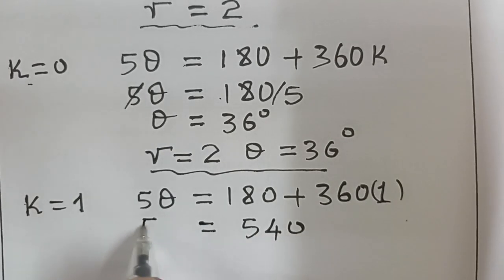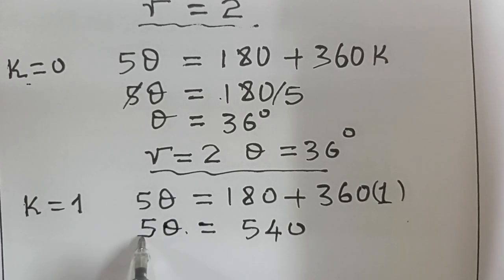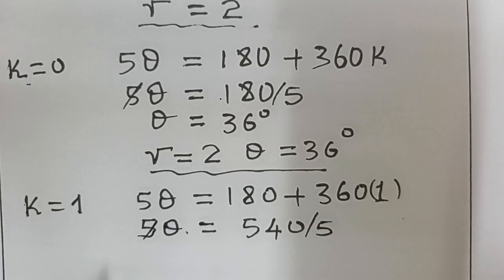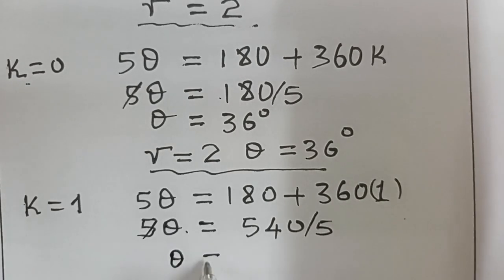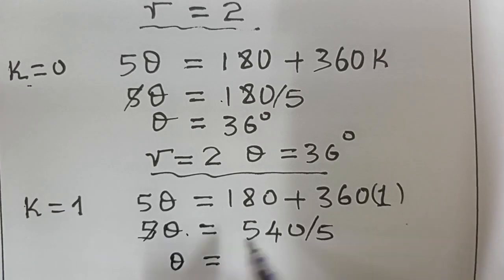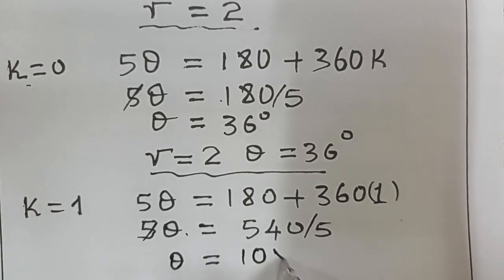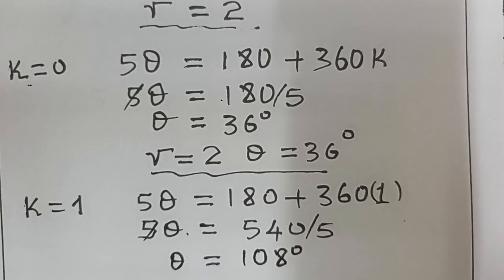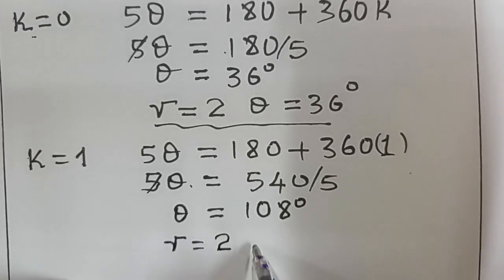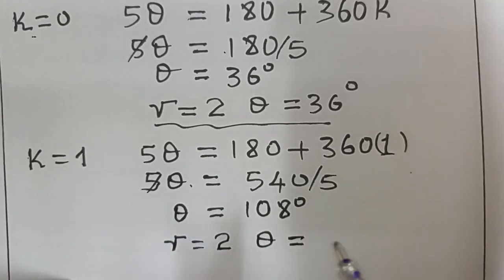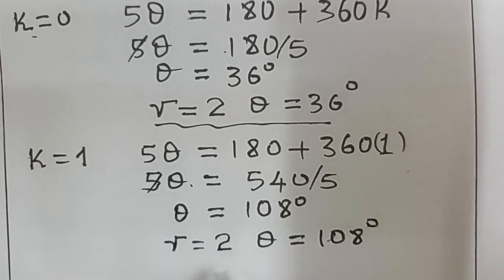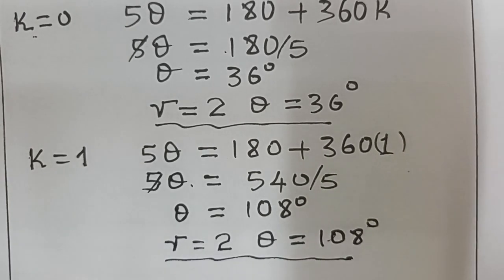Here we have 5 theta. We divide by 5 this side, and theta comes to, sorry, 108 degrees. Therefore, r equals 2 yet again, theta equals 108 degrees. So still another solution.